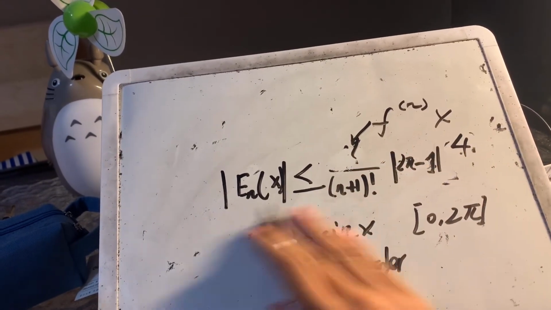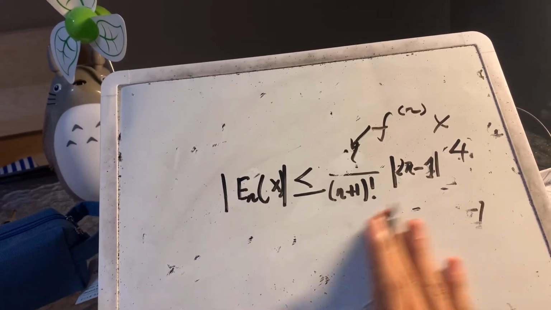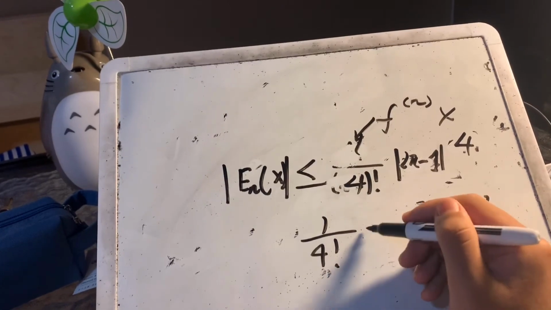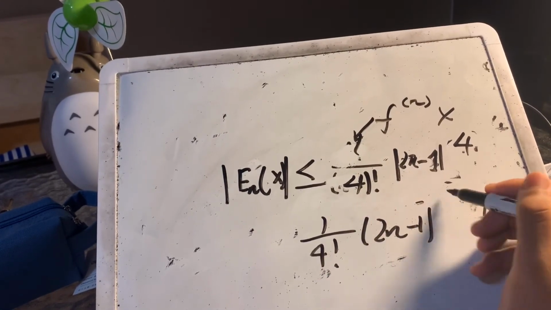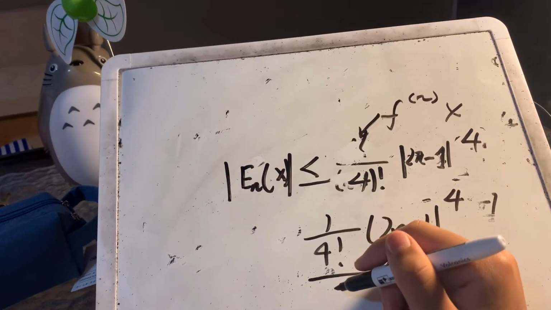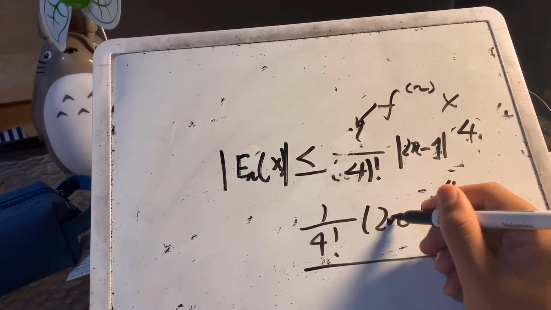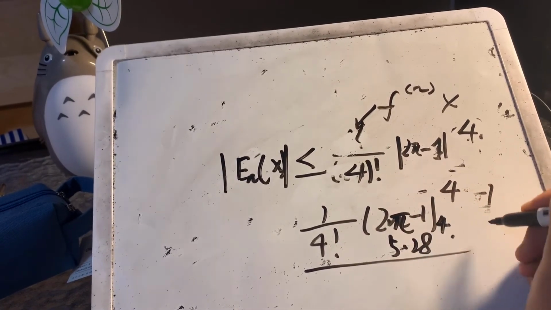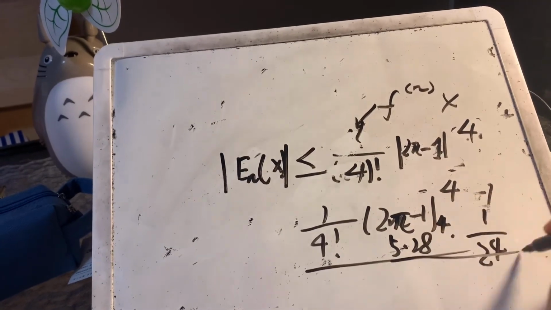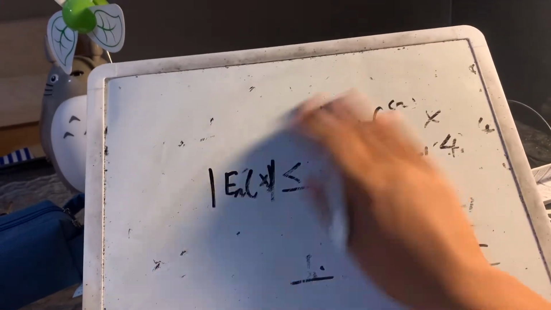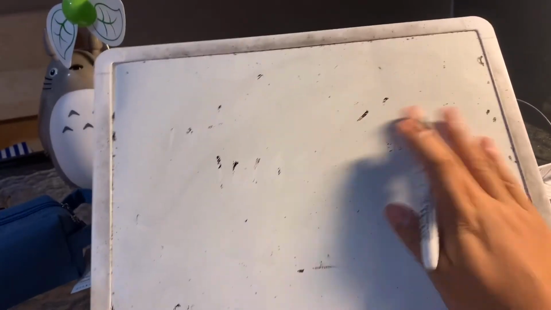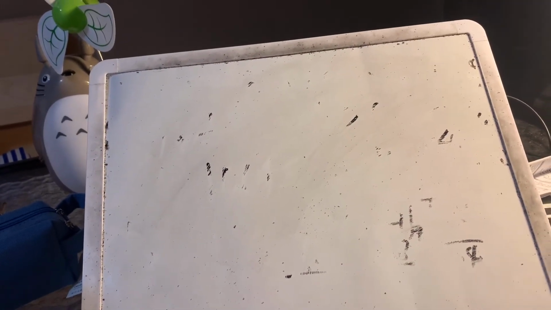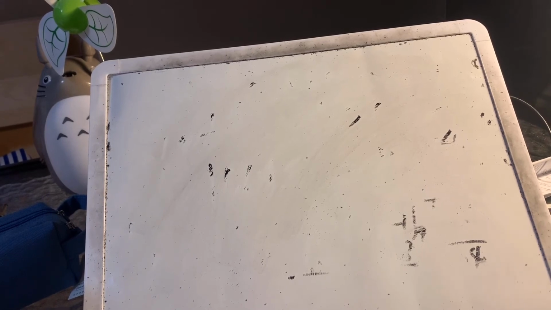So we get that the formula is like this: 1 divided by 4 factorial, times 1 to the power of 4. This is going to be the final answer for the error bound. Let's give you one more example about how we do the error bounds.